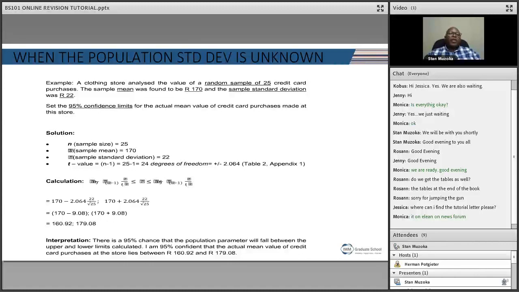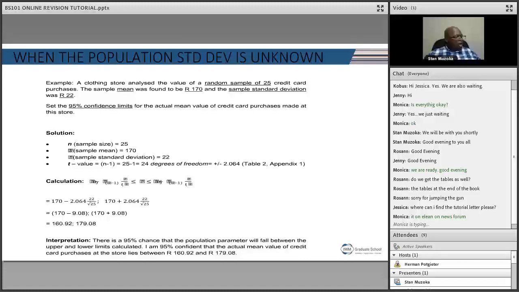An example: a clothing store analyzed the value of a random sample of 25 credit card purchases. The sample mean was found to be 170 and the sample standard deviation was 22. Sample standard deviation. That tells you that you now need to use the T distribution.